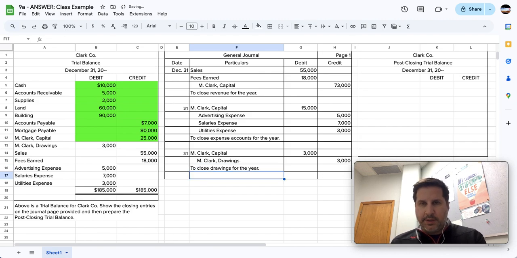So what I've done is I have dumped the revenue to the credit side, so the owner gets it and it's good for the owner. And then I have taken away the expenses and the drawings, which bring down the owner's capital overall.